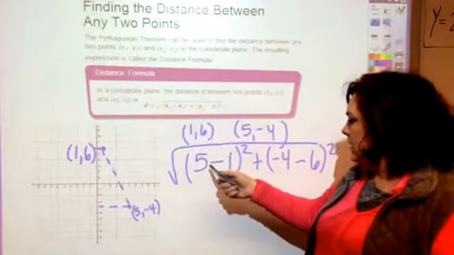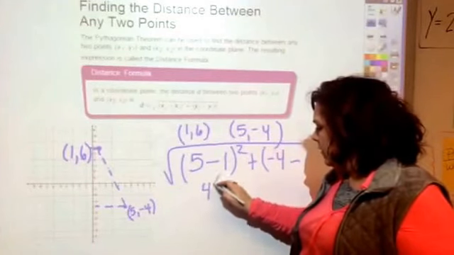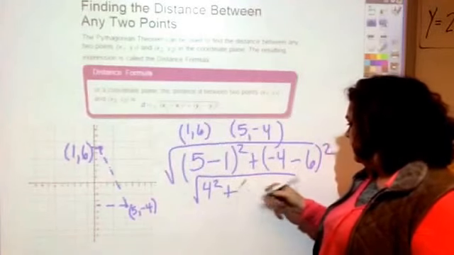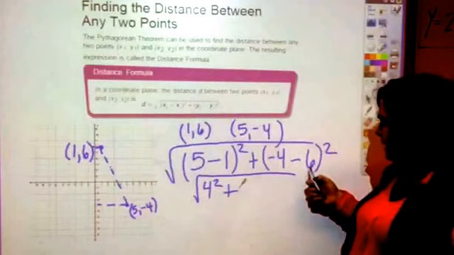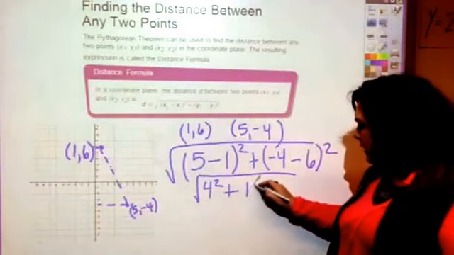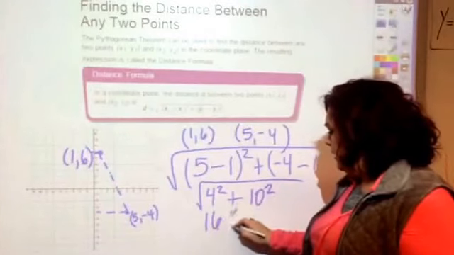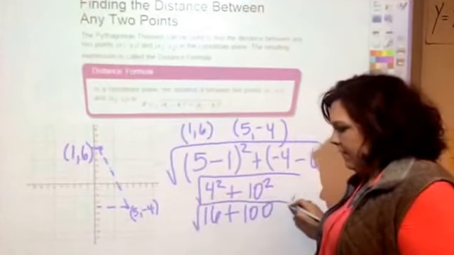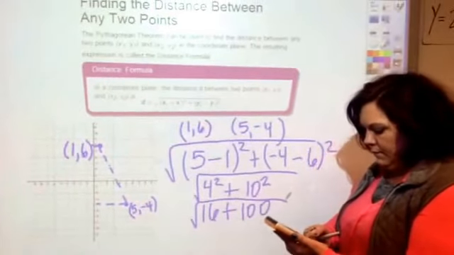So this is 5 minus 1, which is 4 squared, and this is all the square root, plus -4 minus 6 would be -10 squared, would be 10 squared, and so this would be 16 plus 100, and it would be the square root of that, and I would need a calculator.